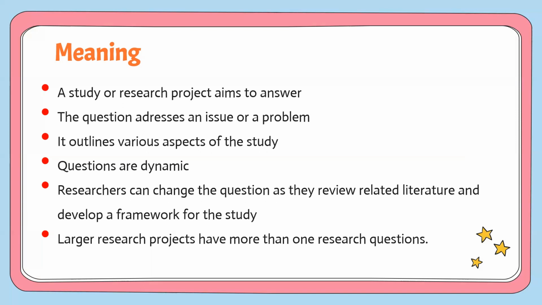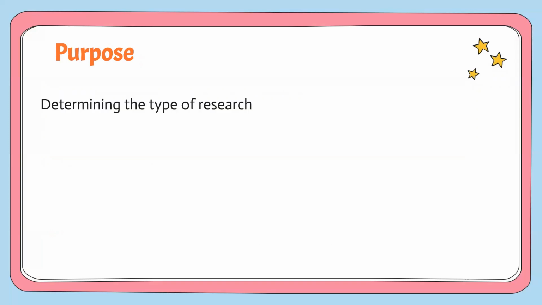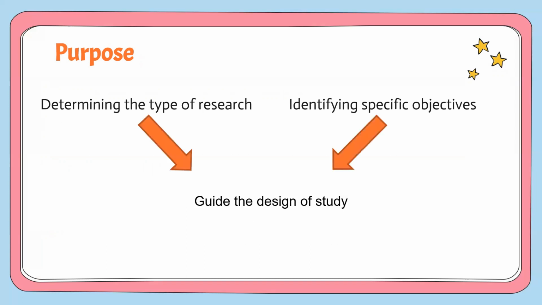So having understood the meaning of a research question, let us now move on to the purpose of a research question. There are two purposes of a research question. Number one, it helps in determining the type of research. And secondly, it helps to identify specific objectives. So when we talk about these two purposes, broadly, we can say that these two purposes help to guide the design of the study.